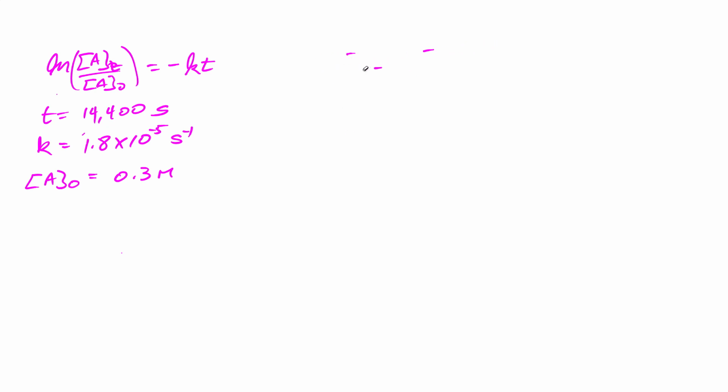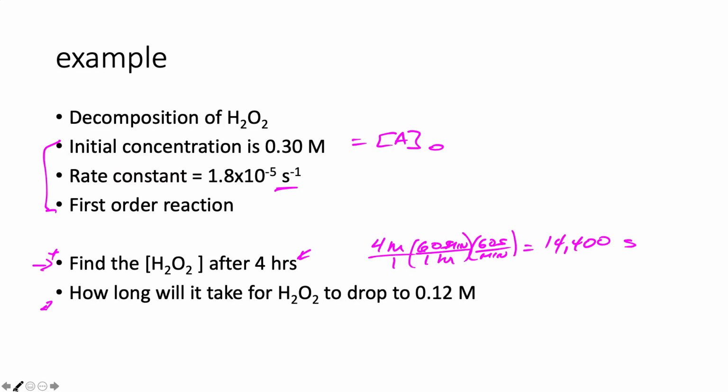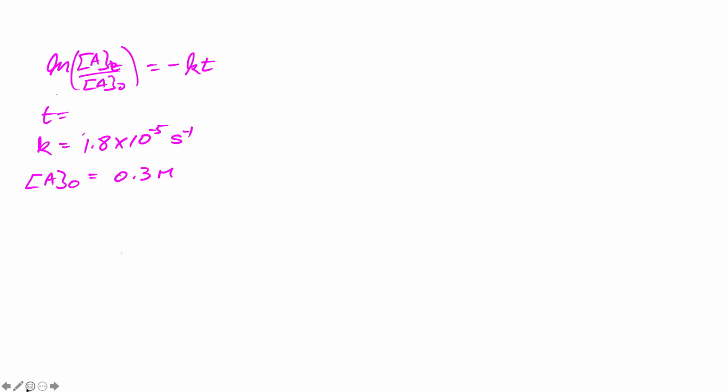I'm still going to use this equation for the next one, but we don't know time. So we don't know time in this, and then A_t is equal to 0.12.